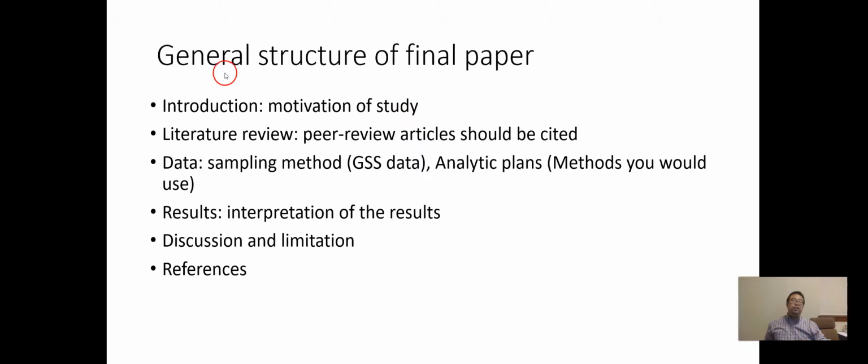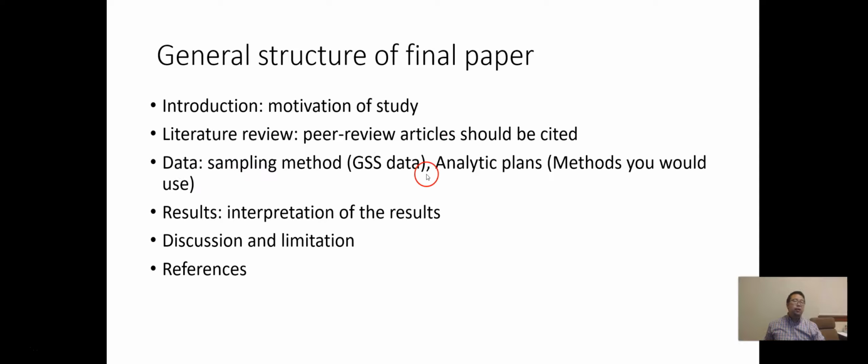So again, the general structure of the final paper, for which I will make a bigger instruction. In your introduction, you should state the motivation of the study and a literature review based on peer-reviewed articles. You need not a very simple list of summaries, but a very comprehensive level of summaries and comparisons of the articles relevant to your topic.